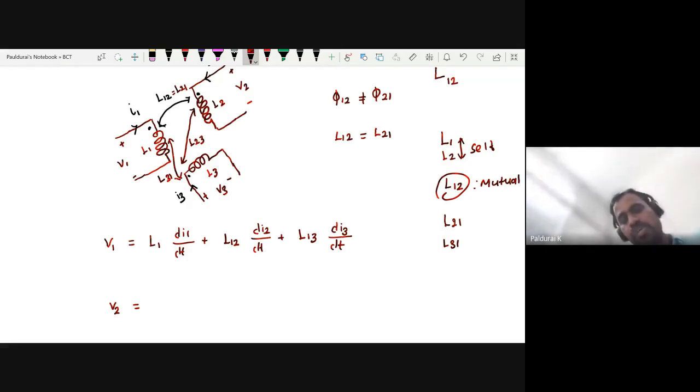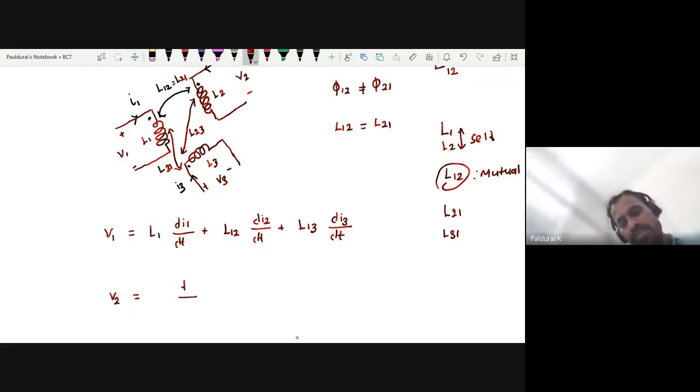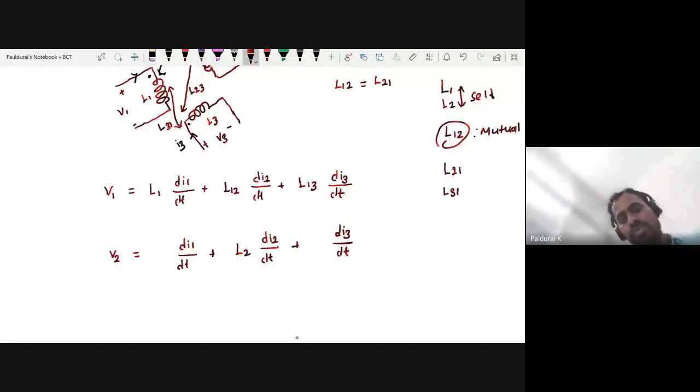Coming to V2, so V2 also because of change in I1, change in I2, change in I3. Okay, this time can you fill the coefficient? Obviously it is L2, right? So this time because of 2, so this time it is L21, this is L23.